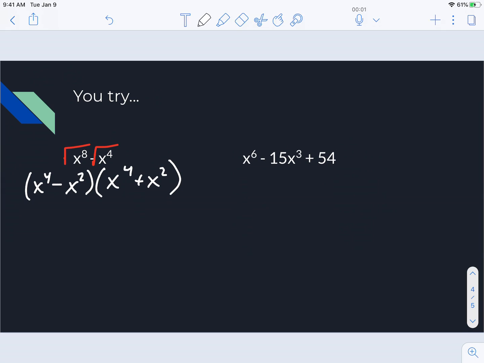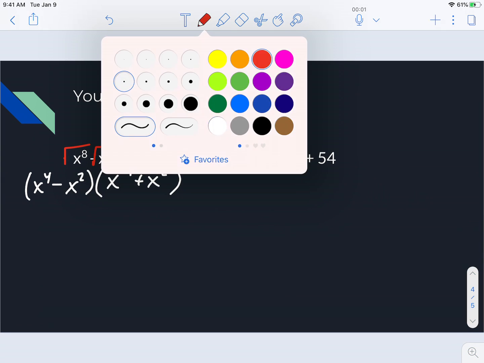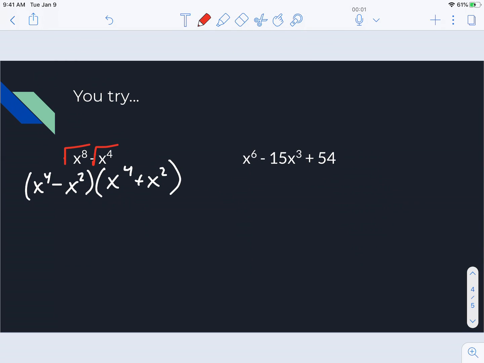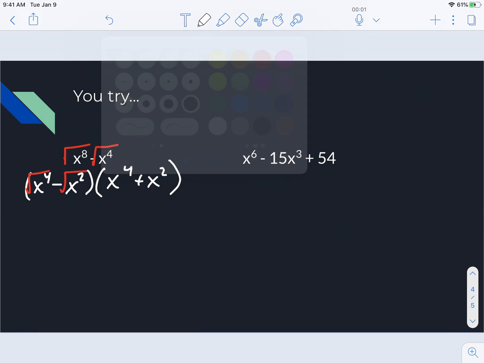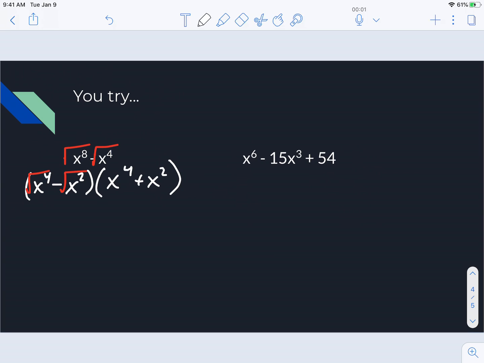Okay, so now I have created another difference of squares over here. Now again, we could take out the GCF, but let's do difference of squares just for the fun of it. All right, so this first one would factor to x squared minus x and x squared plus x.